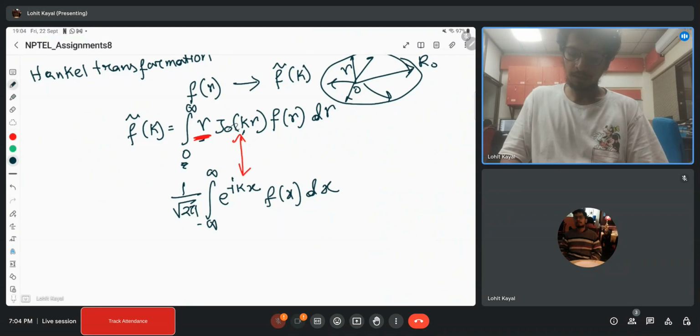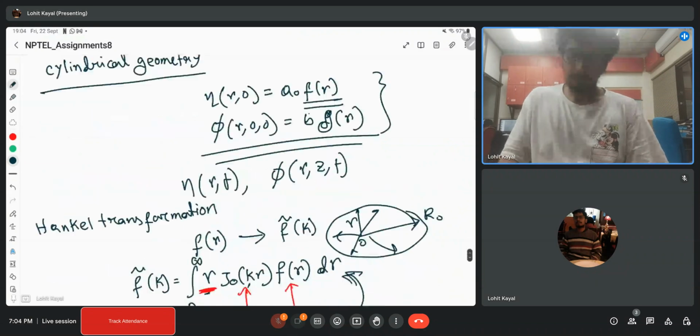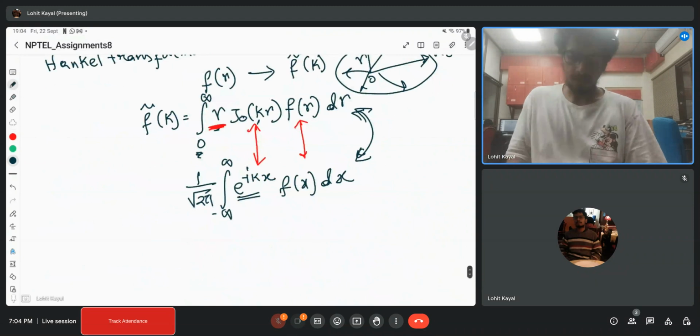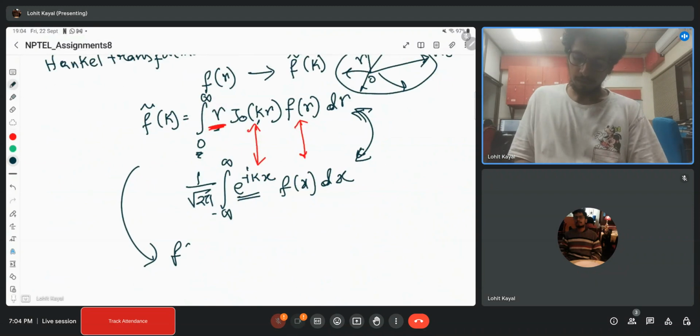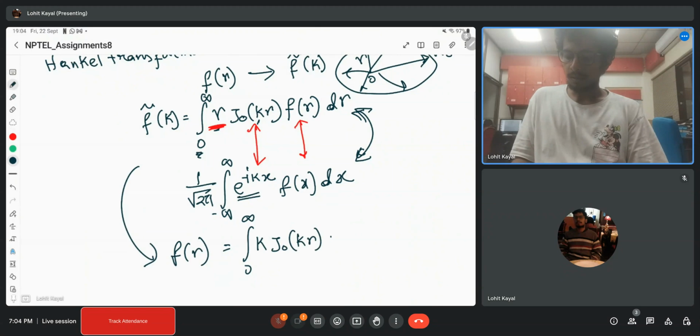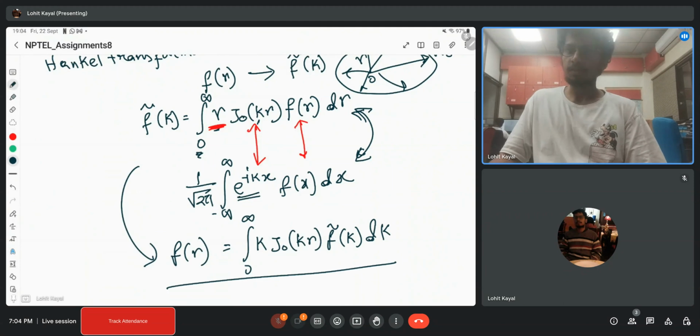You already know that in cylindrical geometry J0(kr) is an eigenfunction, similar to e to the power minus ikx, which is an eigenfunction in the Cartesian geometry. They are equivalent to each other, the Hankel transformation and the Fourier transformation. Similarly, the inverse Hankel transformation will be 0 to infinity of k J0(kr) f tilde of k dk.